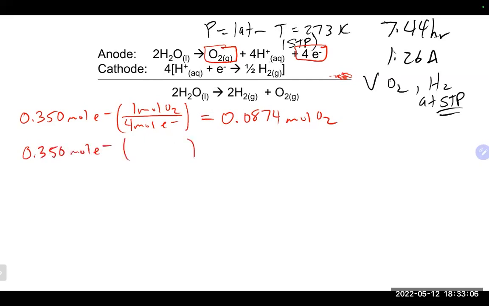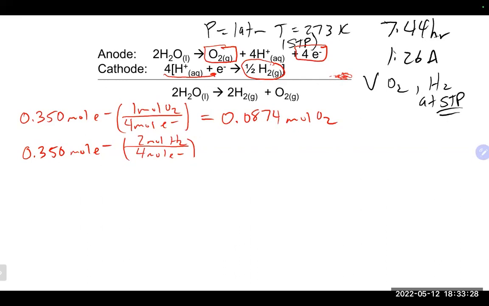Looking at our hydrogen, if we multiply the 4 in, that is 4 moles of electrons to 2 moles of hydrogen. So 4 moles of electrons to 2 moles of hydrogen, or you could do 1/2 as well.